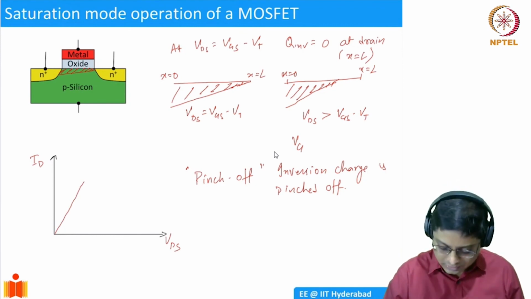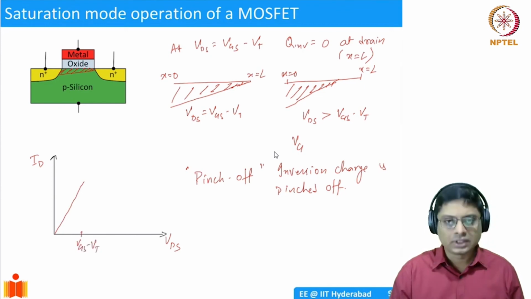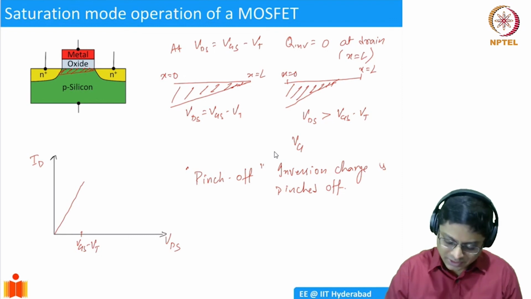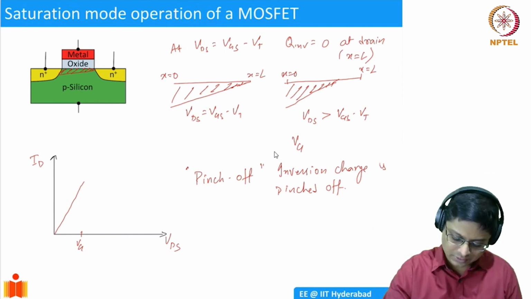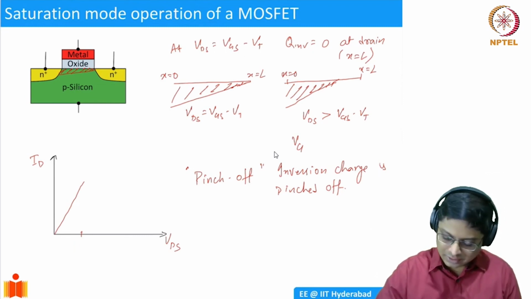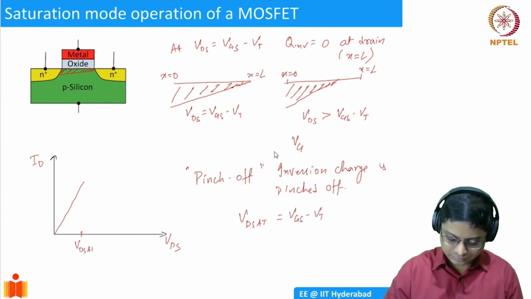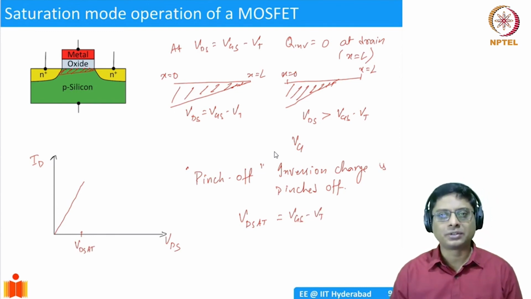But once, let's say, this is VGS minus VT, once you cross that threshold, this is a very special thing. We'll call it VD SAT. I'll give VD SAT equal to VGS minus VT. So this is VD SAT. At VDS equal to VD SAT, your channel has got pinched off.